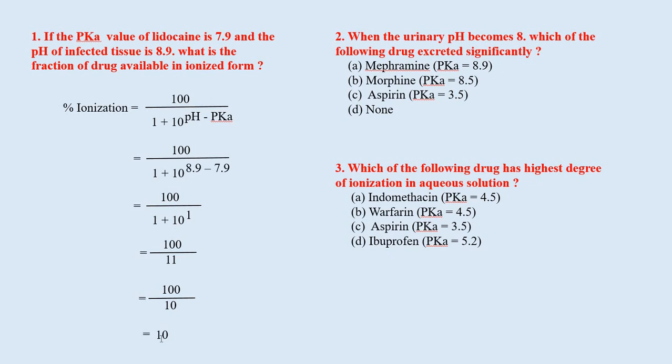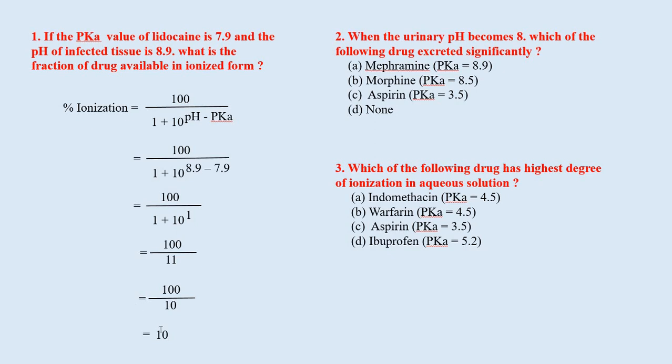That 10% is the fraction of the drug available in ionized form. If lidocaine has a pKa of 7.9 and the infected tissue has pH 8.9, then the percent ionization for lidocaine is 10%.